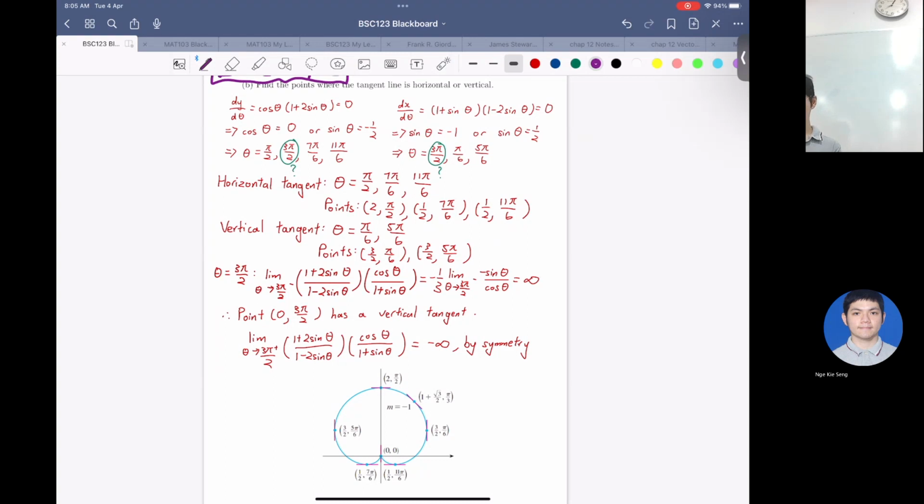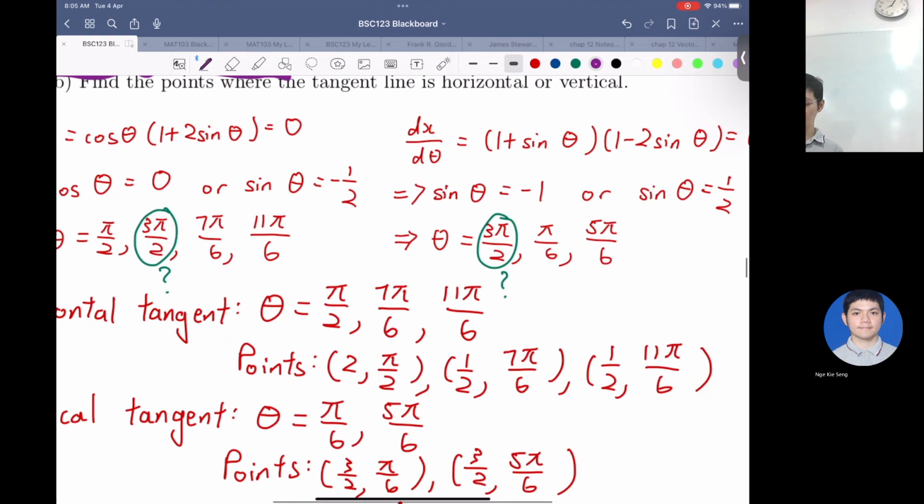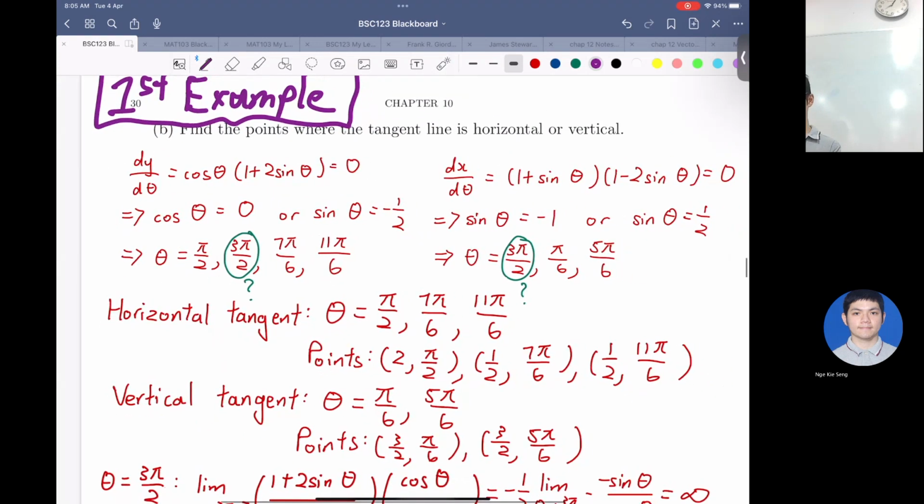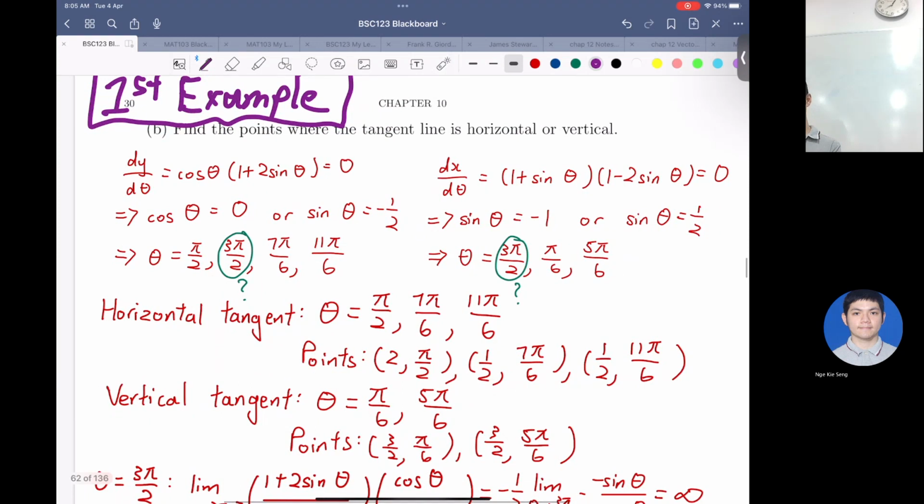In this case, when you wanted to find the horizontal or vertical tangent, you realize that there are points at 3 pi over 2 where dy/dt and dx/dt both equal 0. But this curve is not a point.